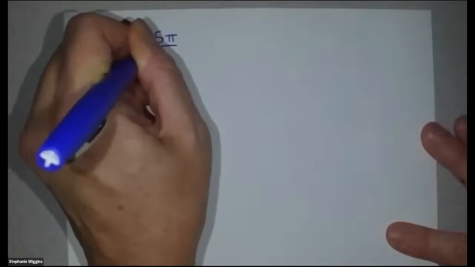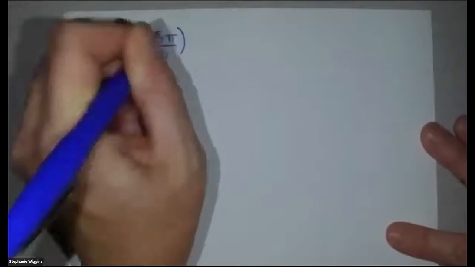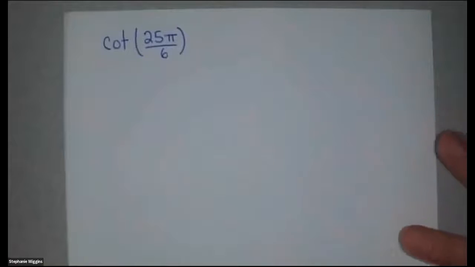Okay, so the next example, I want to find cotangent of 25 pi over 6. And again, you can convert that to degrees if you want.